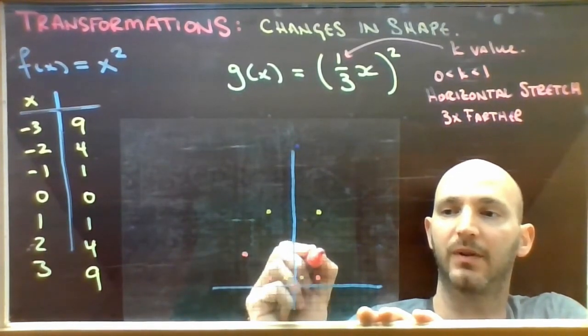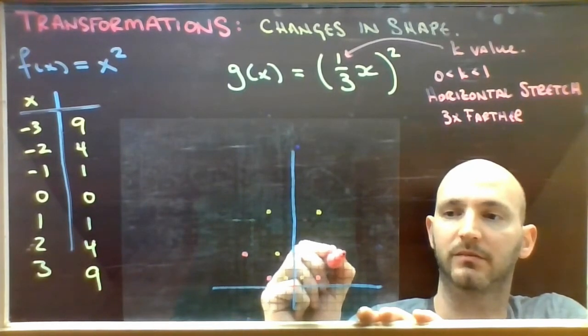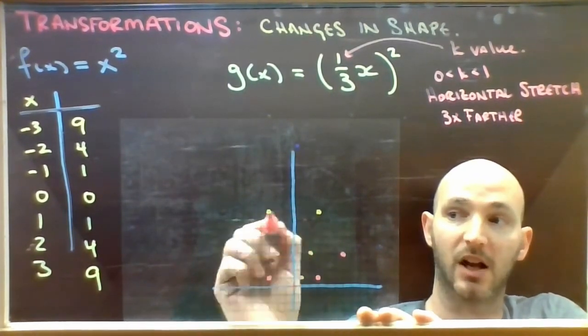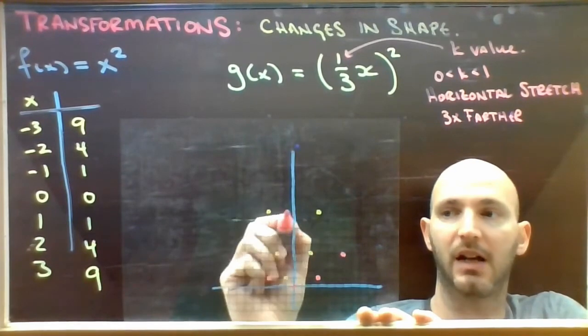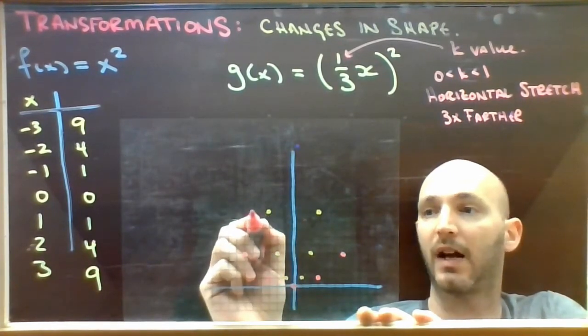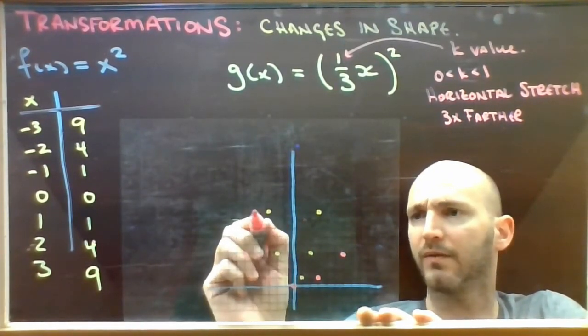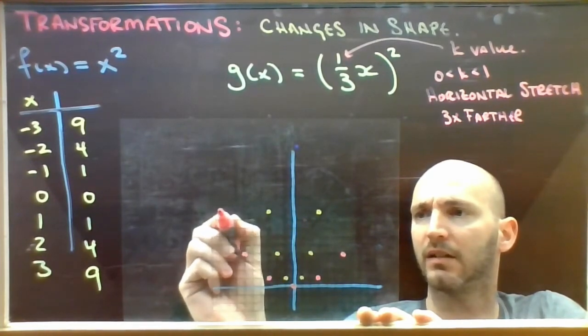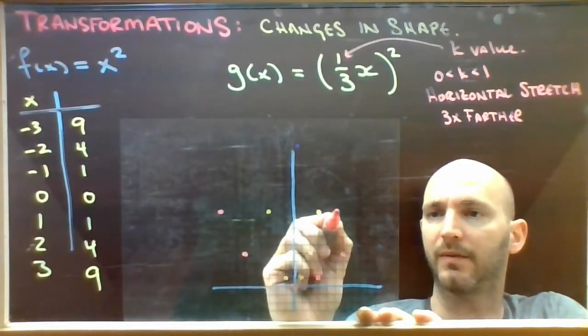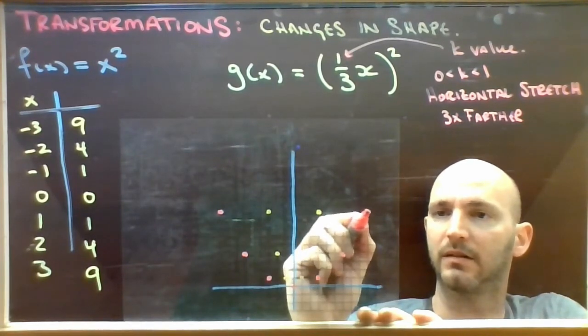And 1, 2, 3, 4, 5, 6. These dots are 3 away. Triple 3, you get 9.